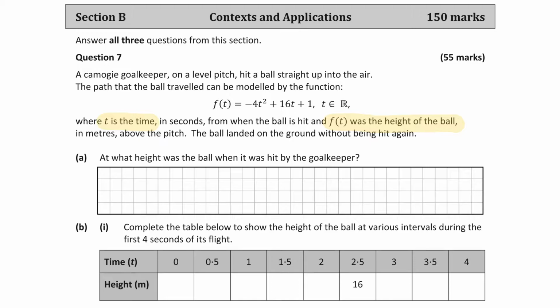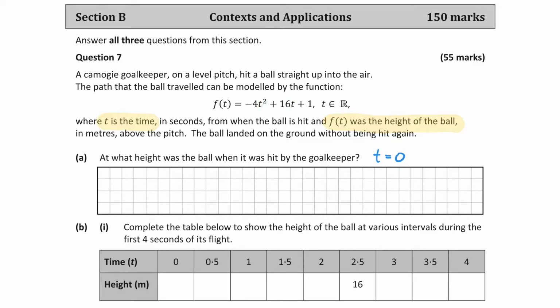So when it's hit by the goalkeeper, time is equal to 0. So what we do is we just take this function, and instead of putting in t, we put in 0. And if we put 0 in there instead of t, it'll give us an answer.